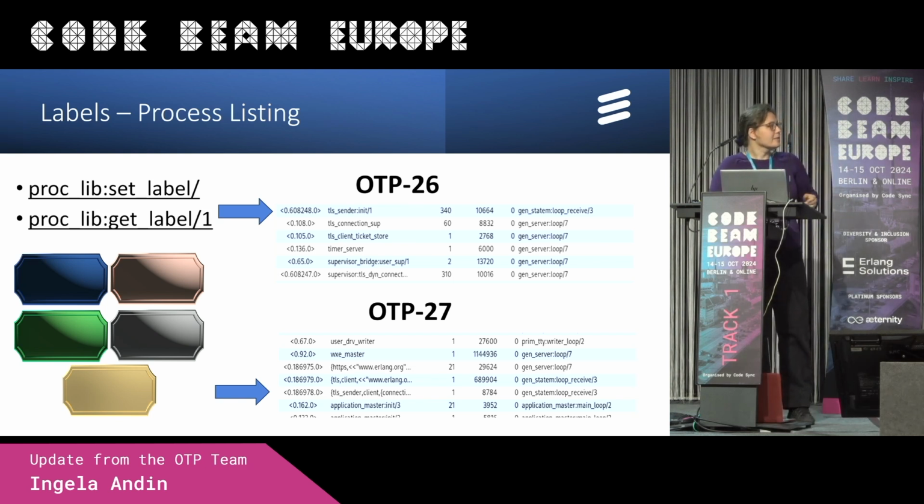And if you look at the next line, we can see that it's actually an HTTPS client that has started this TLS connection, and not, for instance, an LDAP client. All our popular applications, of course, use these labels now, and the labels are available for use for applications too.